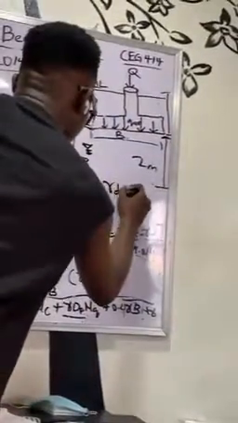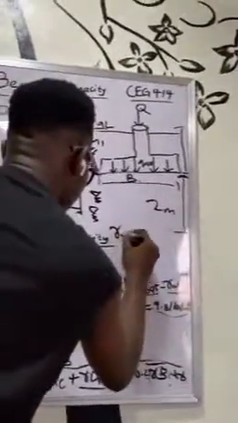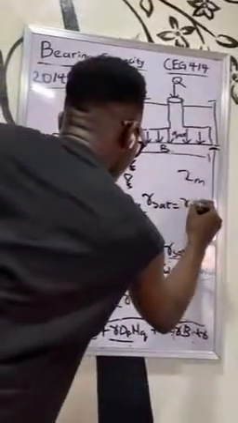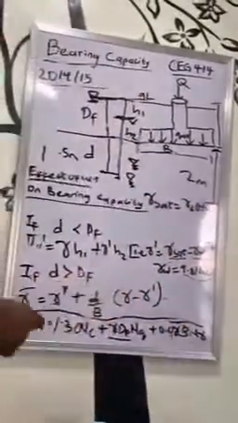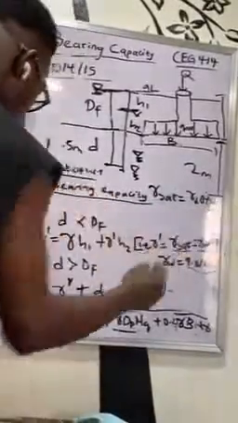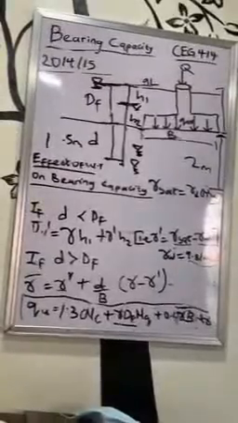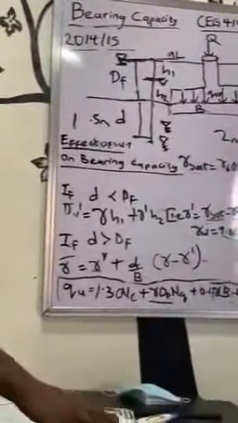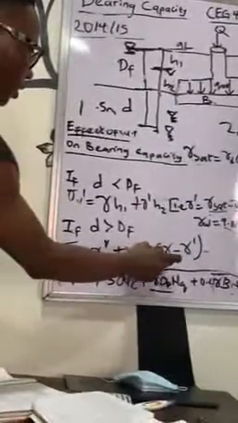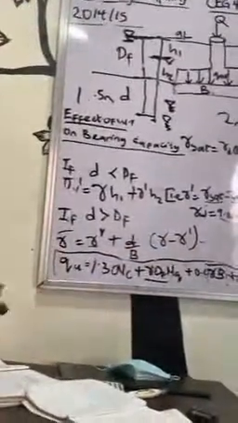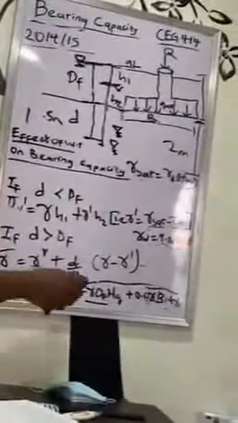Gamma saturated is equal to gamma dry times 1 plus the moisture content W. But it doesn't give the moisture content. Like in the question we're solving, if you read through the question, there is no gamma saturated, there's nothing on moisture content. You just give gamma. In those cases, you have to use gamma and gamma saturated as the same thing, except specified in the exam. At least you can complain to the lecturer in the exam, and if you change it, then you work with that.